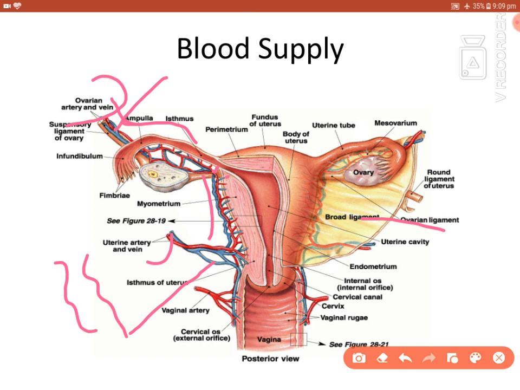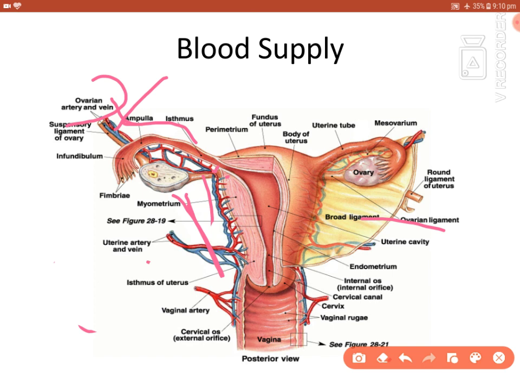Okay. Then here you can see the uterine vessels at the level of the cervix. Okay, this is the internal os. Posterior to the uterine vessels lies the ureter, which lies 1.25 centimeter lateral to this internal os.